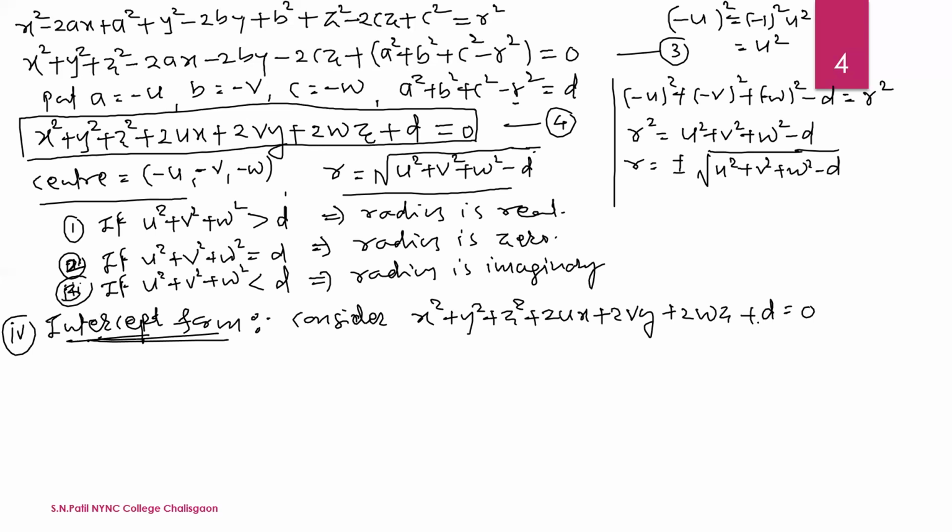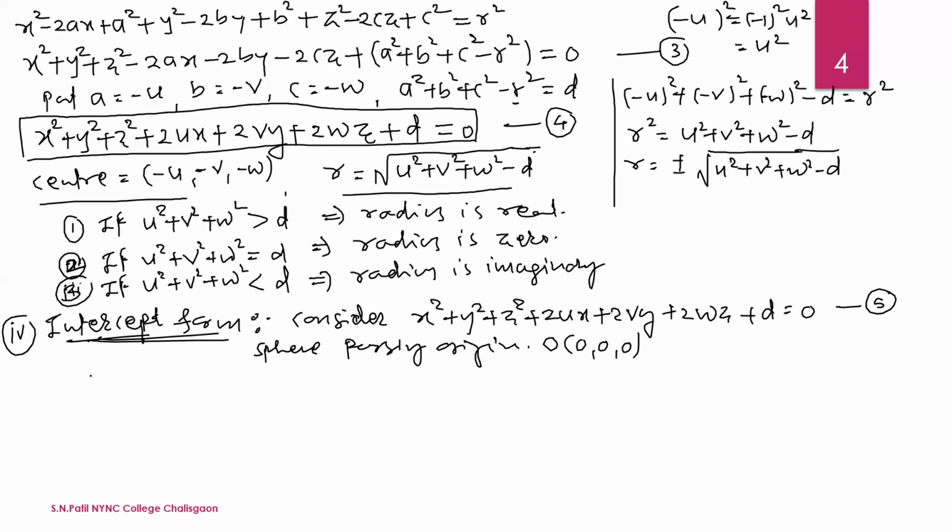Now to determine the sphere, we require 4 conditions. Let us take the 4th condition as a sphere passing through the origin, say equation number 5. Origin, that is 0, 0, 0, satisfies equation 5.